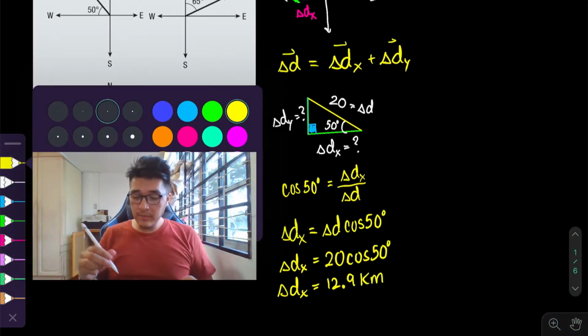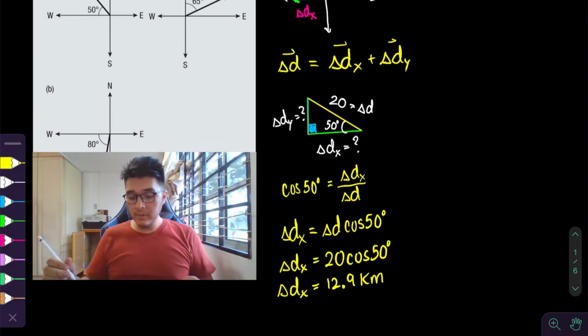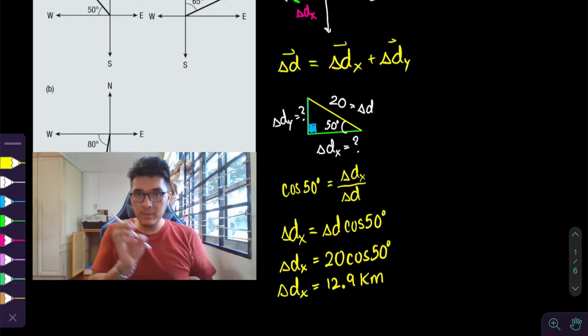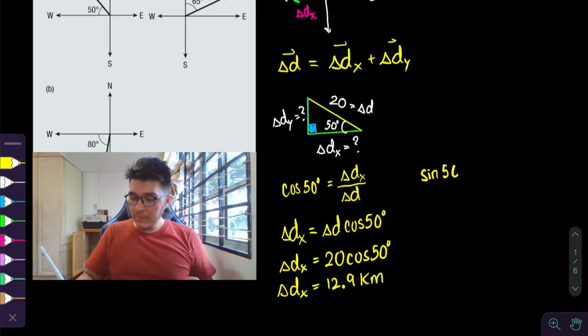Now to find the y component, we're going to use the sine ratio. Technically, you could use tan, but don't. As a beginner, always use cos and sine. So sine of 50 degrees. Remember, sine is SOH, so it's going to be opposite over hypotenuse. From the angle 50, opposite is going to be delta dy over hypotenuse, which is delta d.